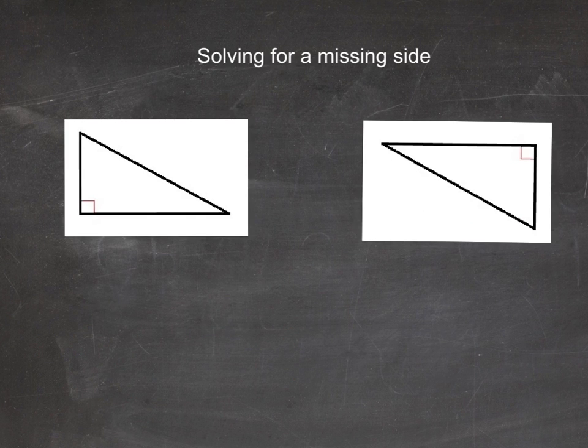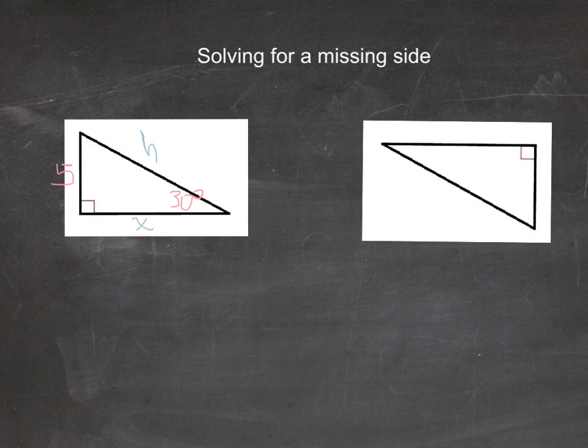So my first example here, let's say I have a focus angle here of 30 degrees, and this side is 5. Now I want to solve for the other two missing sides, so let's call this side H because it's the hypotenuse, and we'll call this side here X. If I solve first for H, I have to use the information that's given to me, so the 30-degree angle and the side that's 5.